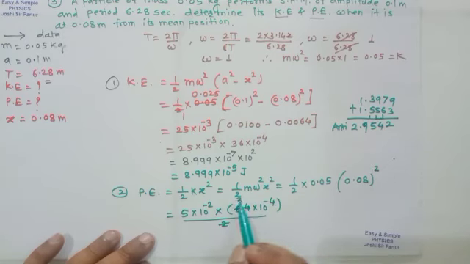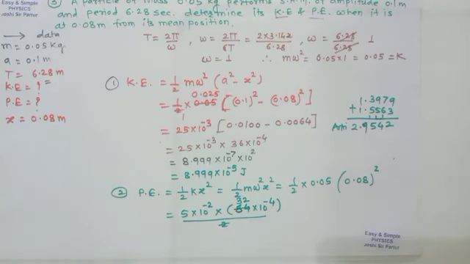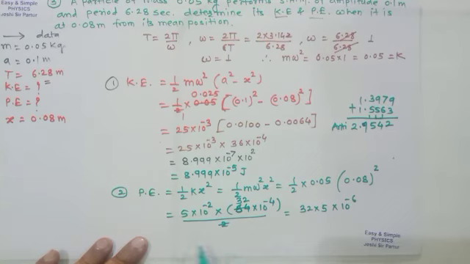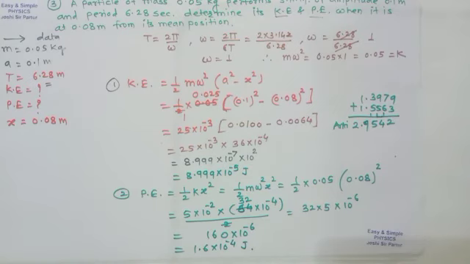So 2 divides, it becomes 32. So 32 multiplied by 5 into 10 raised to minus 6. It is 160, that is 16 into 10 raised to minus 6. So it is 1.6 into 10 raised to minus 4 joule. So the answer for this question will be 1.6 into 10 raised to minus 4 joule. This is the answer for the given question.